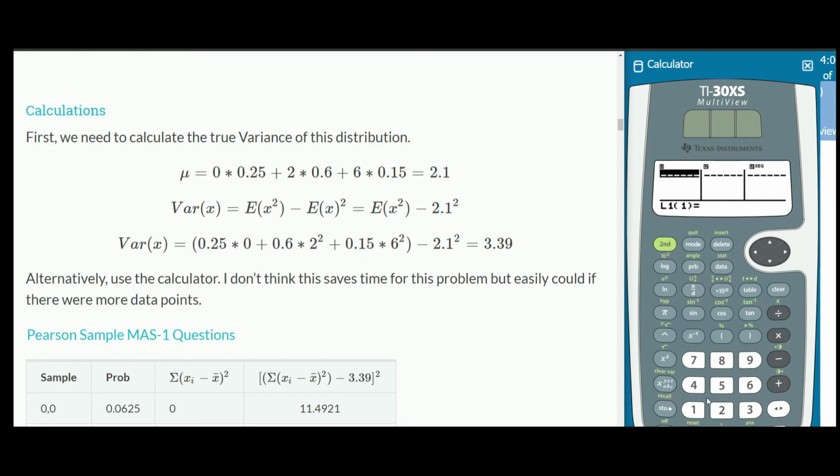The first data point is 0, the second is 2, the third is 6. Click over: 0.25, 0.6, and 0.15. So at this point we have our data.